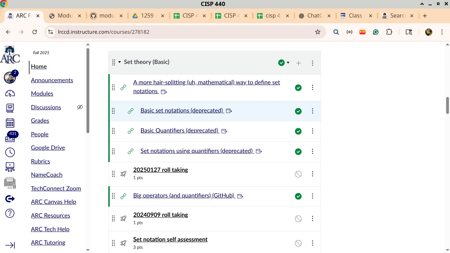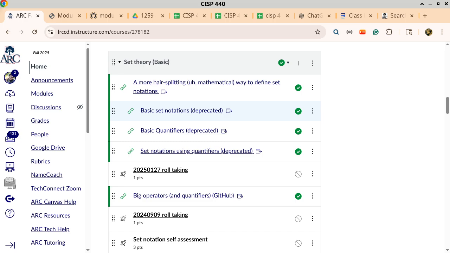In other words, it is a very concise and precise way to define those notations. Depending on whether you like things to be concise and precise, or explained out a little bit more, you can decide which ones you want to read first and which ones to read after that.